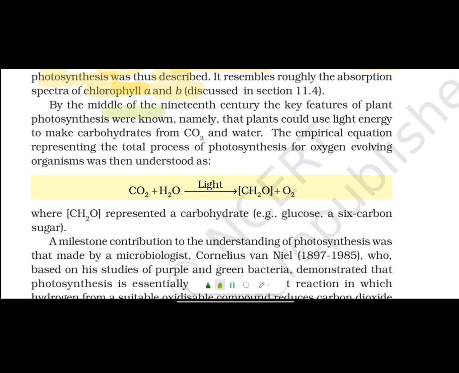By the middle of the 19th century, a key feature of plant photosynthesis was known, namely that plants could use light energy to make carbohydrates from CO2 and water.